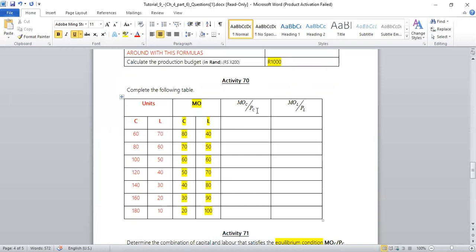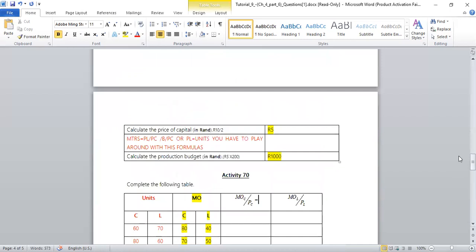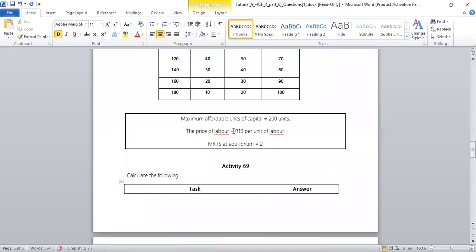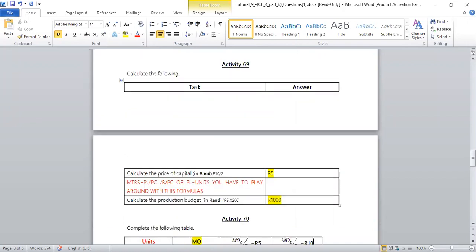So let us say the price of capital, it is calculated above as 5 Rand. The price of labor we're given is 10 Rand. Here we are given the price of labor, and here we have calculated the price of capital right now.